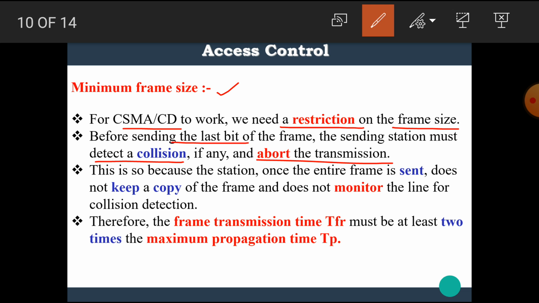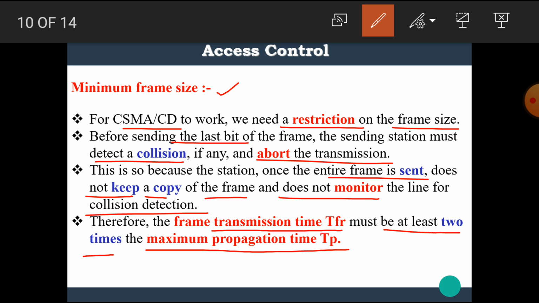This is so because the station, once the entire frame is sent, does not keep a copy of the frame and does not monitor the line for collision detection. Therefore, the frame transmission time TFR must be at least 2 times the maximum propagation time TP. That means TFR should be greater than or equal to twice TP.